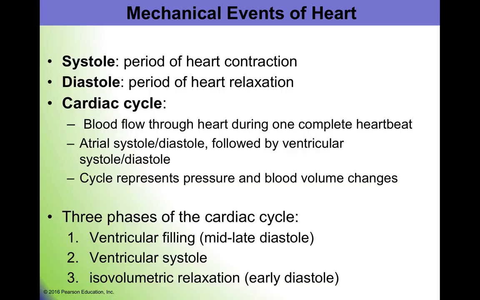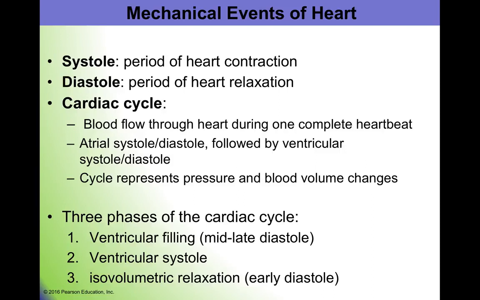Hi everybody. So for today's lecture, we are going to continue building up on the concept of electrical impulses that are spread through the heart, our ability to actually measure it using the ECG or EKG, creating the three waves, P wave, QRS complex, and the T wave.